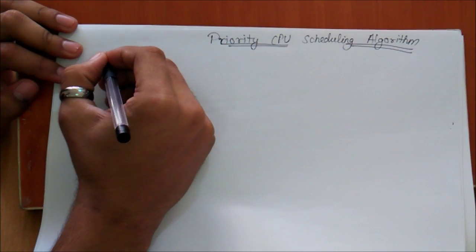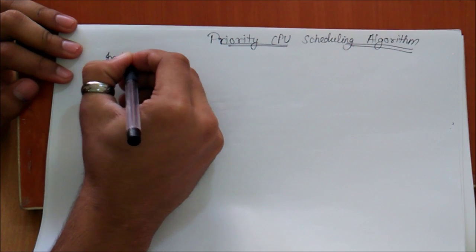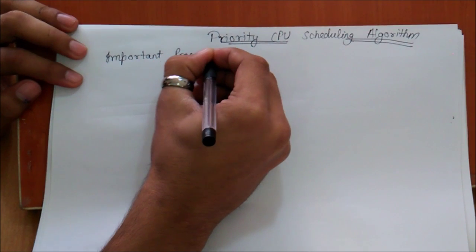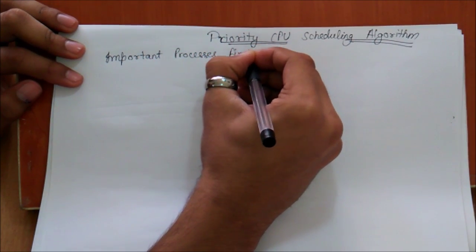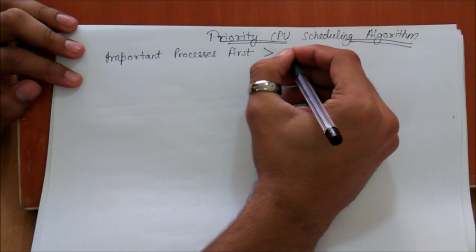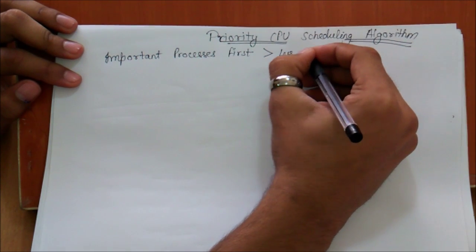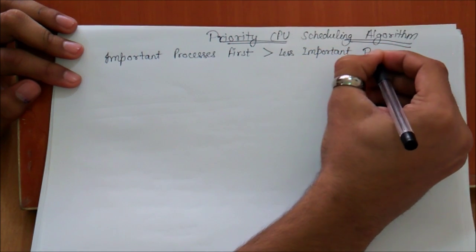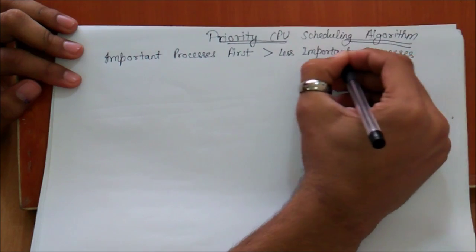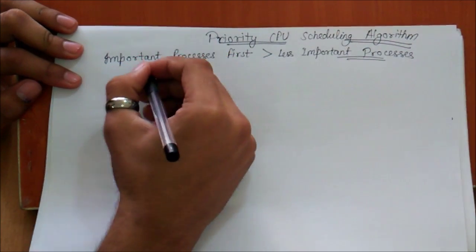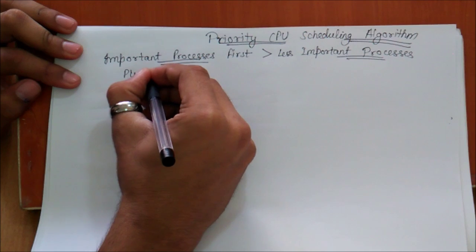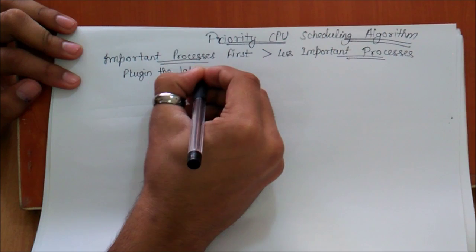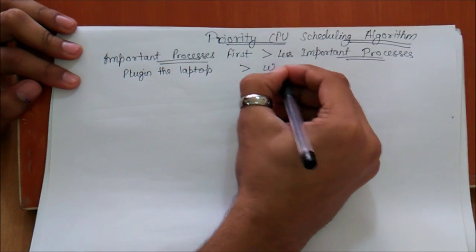So, it first shows the important things, the important processes, and then the less important ones. So, plugging in the laptop is a more important process than watching a movie.